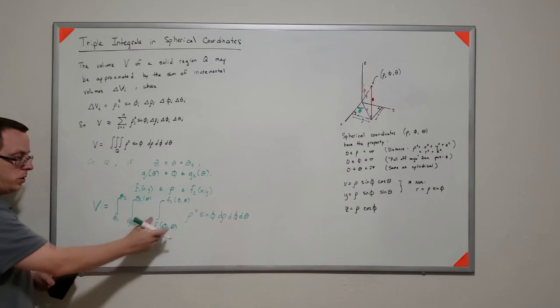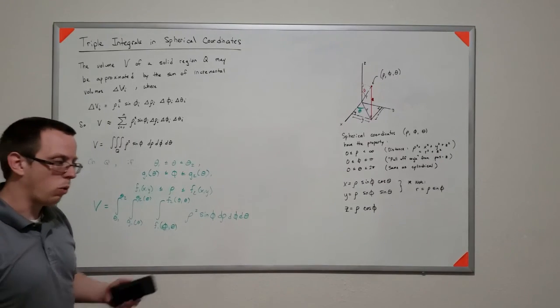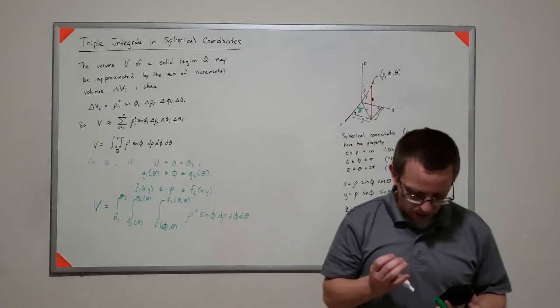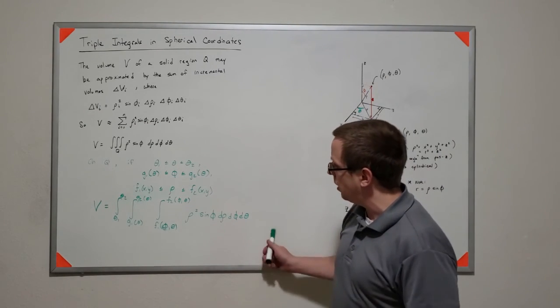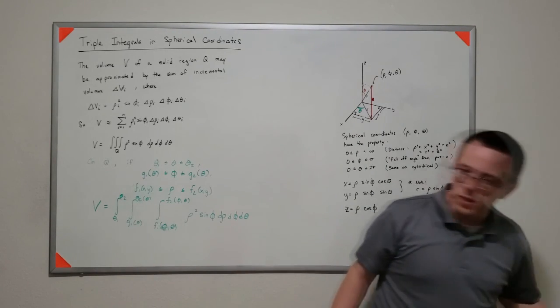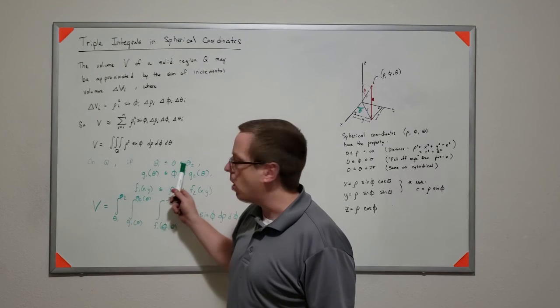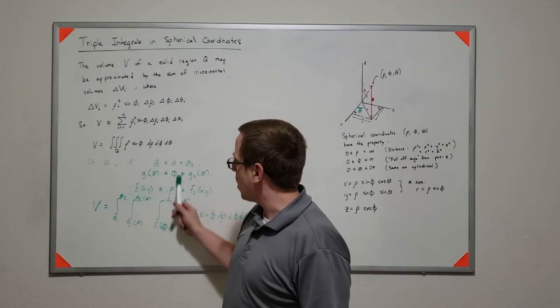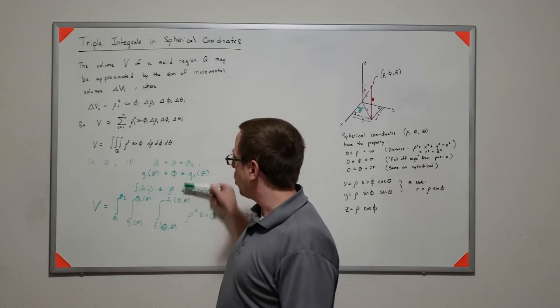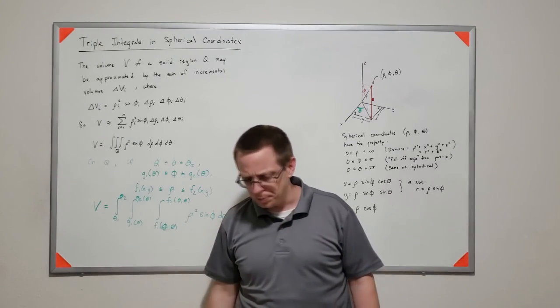We can essentially do the same thing we do with cylindrical coordinates or rectangular coordinates and say that the volume can be written as some sort of iterated integral, as long as you can always describe one of these in terms of constants, and you can describe each subsequent one in terms of the previous variables alone.